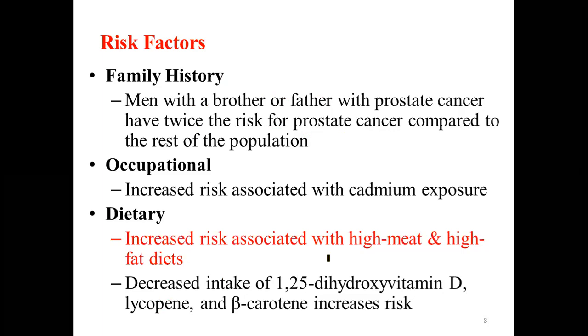Then family history is very important. If they have a first degree relative, the risk is even higher. There are some reports about cadmium exposure and risk of prostate cancer, but I don't really know. There is also an association between high meat and high fat intake, which increases the risk of prostate cancer.